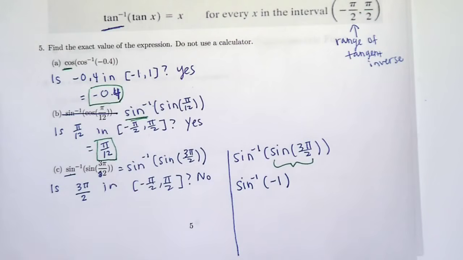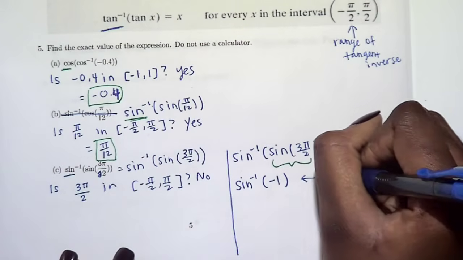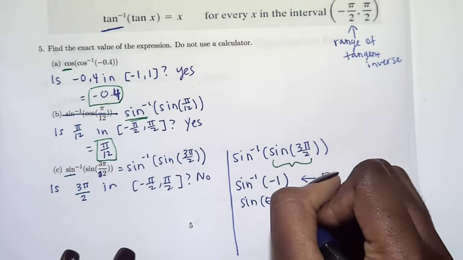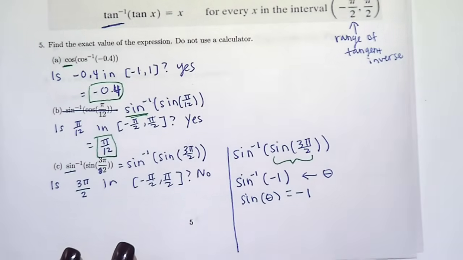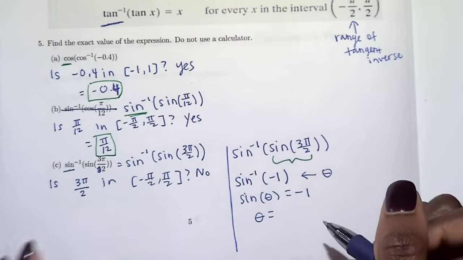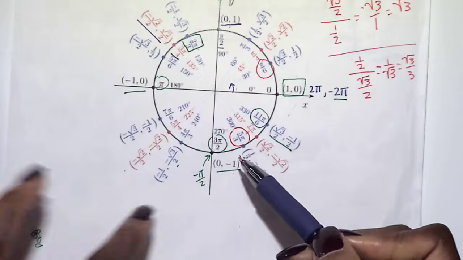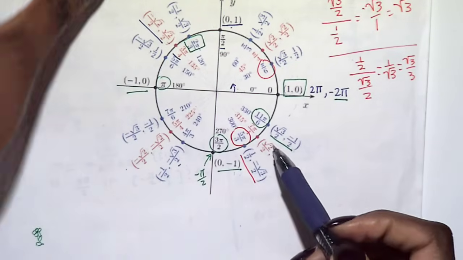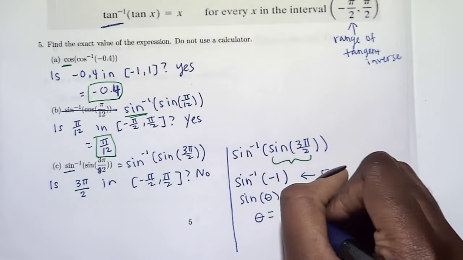And so how do we figure out sine inverse of -1? Remember, this gives us an angle theta. So we're looking for an angle theta such that sine theta equals -1. We've already found it. Sine theta equals -1 happens at 3 pi over 2, but that's not the right number.